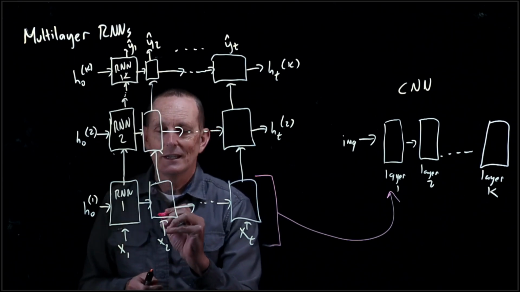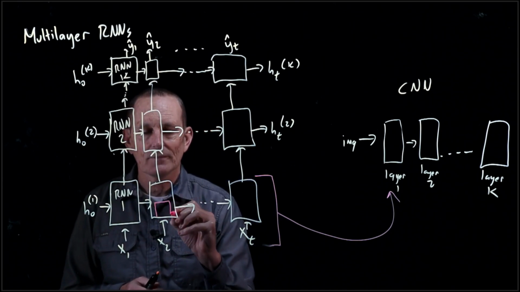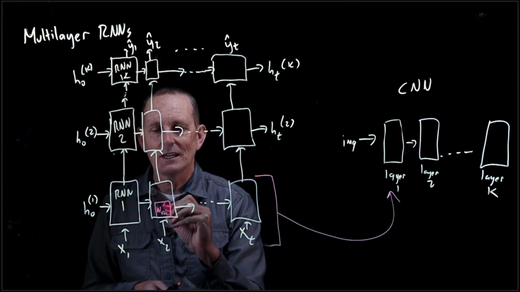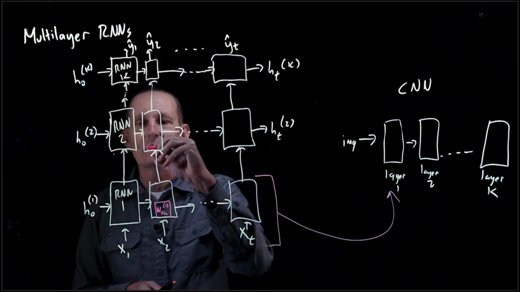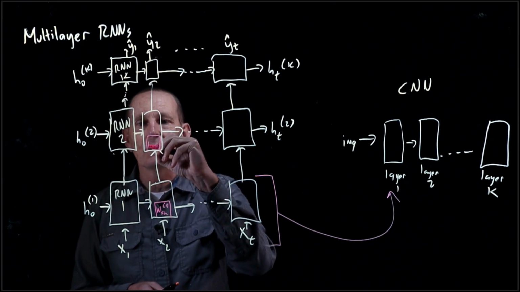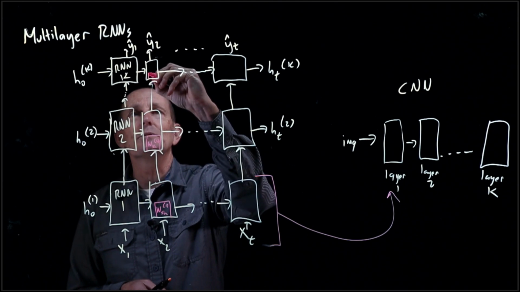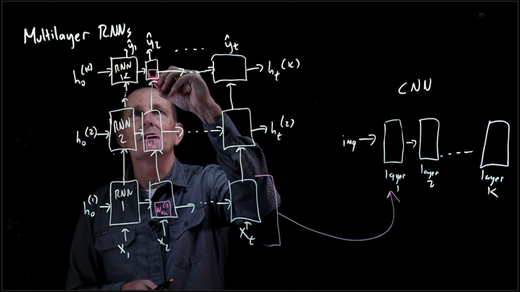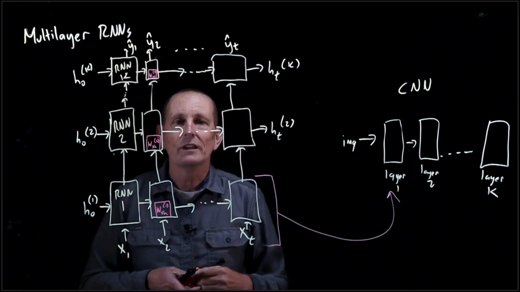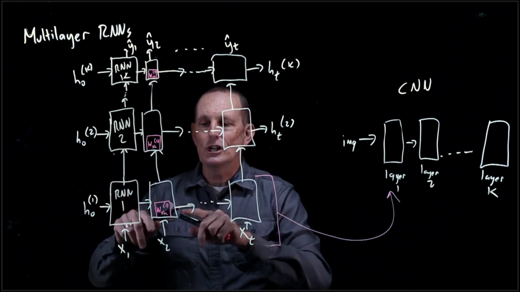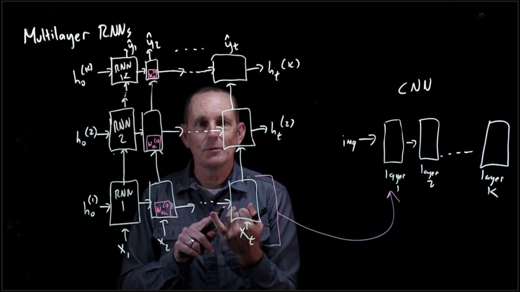So for instance, if we look at W_XH, we actually have a W_XH super 1, which is distinct from W_XH super 2, all the way up to W_XH super K.